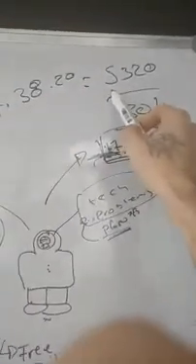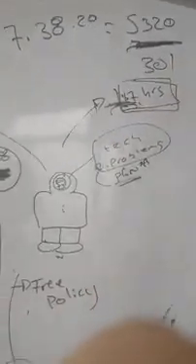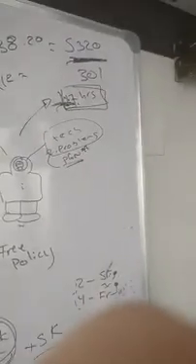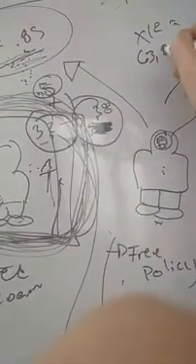Now, what are these guys going to be doing? What are we going to do with 5,320 hours worth of development? Let's multiply that again by 12, because this is months. 5,320 hours times 12, we get 63,840.